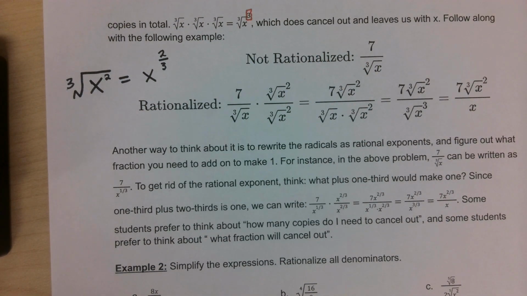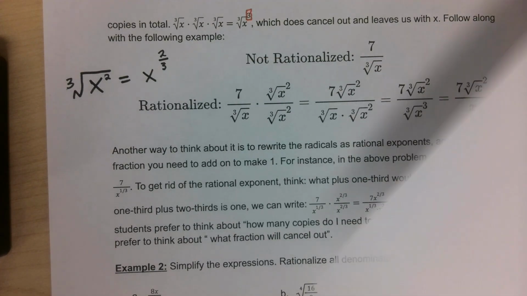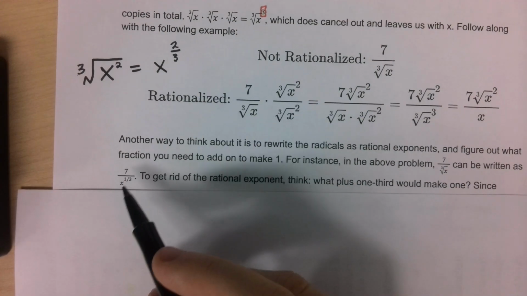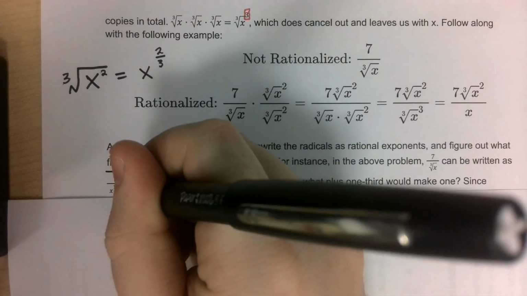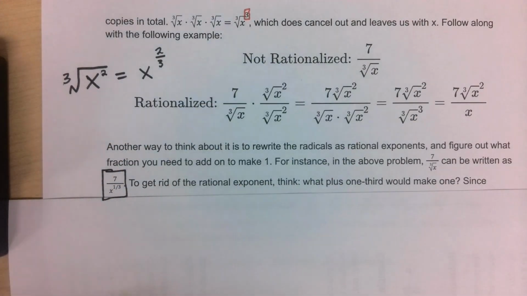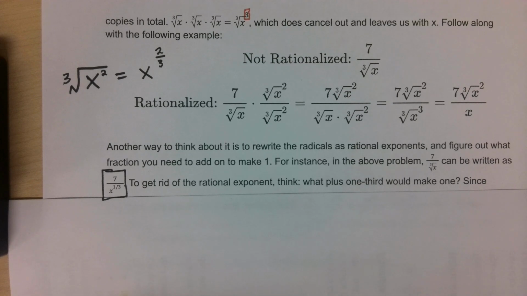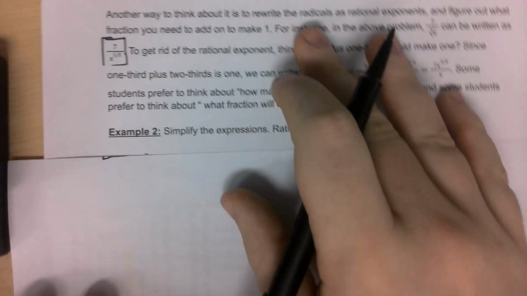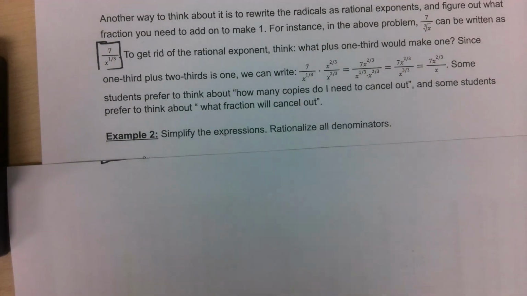It can help us to see why we're doing what we're doing if we write everything as rational exponents. Think. If we're starting with x to the 1/3 power, this is what we're basically starting with here. If we're starting with this, x to the 1/3 power, what exponent plus the 1/3 will make 1? Well, 1/3 plus 2/3 is 1.